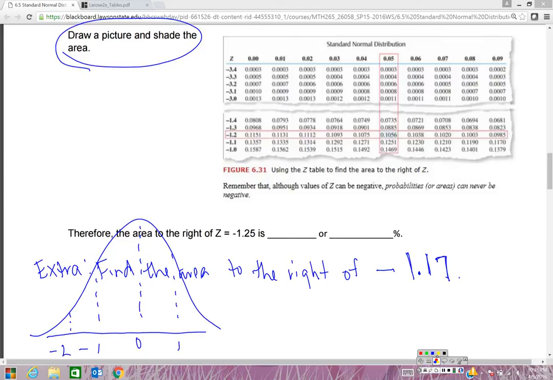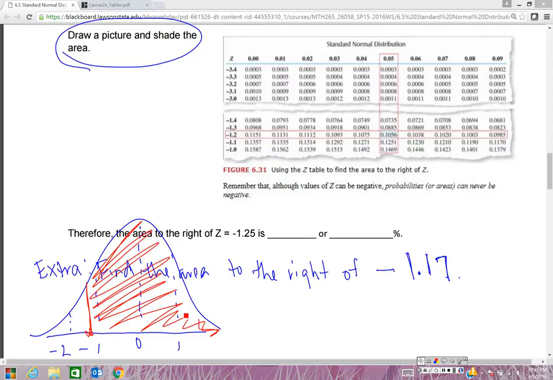Again, I know that negative 1.17 is somewhere between negative 1 and negative 2. And we're trying to find the area to the right. So again, I know that it's going to be more than 50% because look at all that's being shaded. It's definitely taking up more than half of this bell curve.